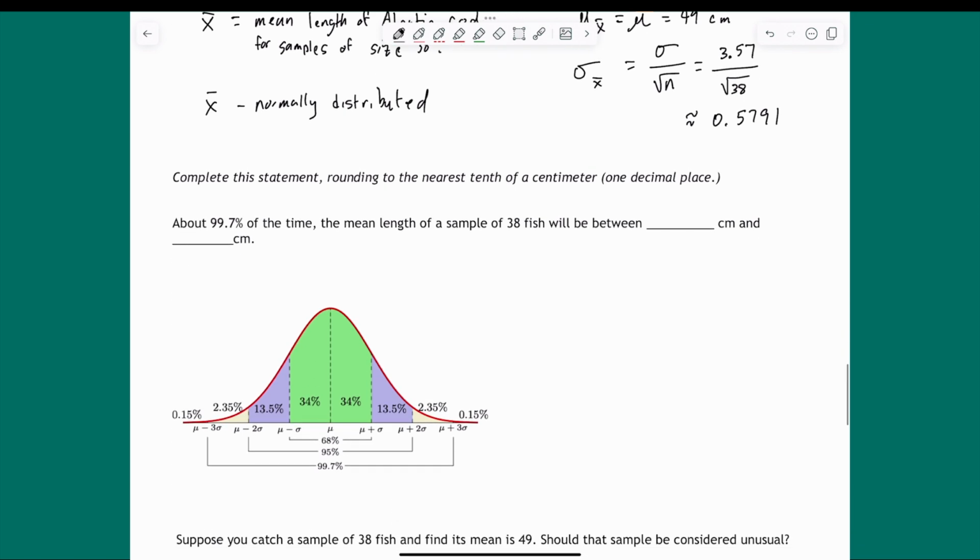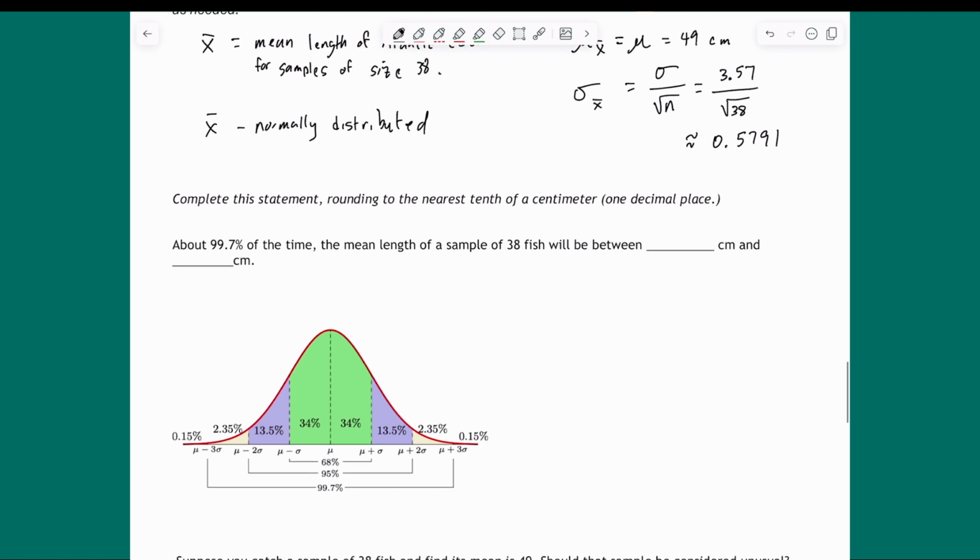About 99.7% of the time, the mean length of a sample of 38 fish will be between blank centimeters and blank centimeters. We could use the empirical rule to give us an idea here, because we know x bar has a sampling distribution. This picture here is the empirical rule.